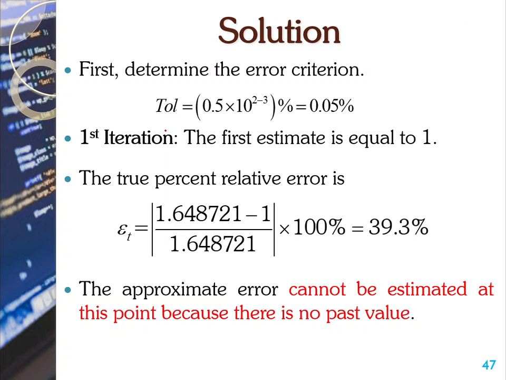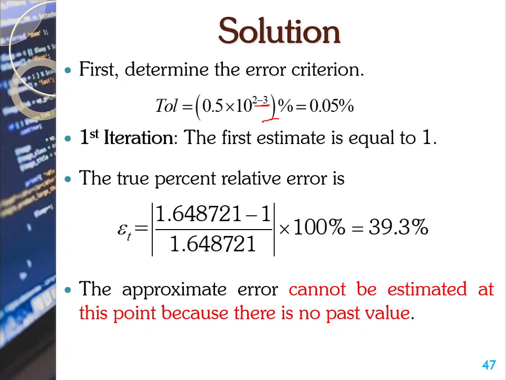Before we estimate our error, first we have to know when to stop, and when to stop is determined by the tolerance. So let's estimate the tolerance as we see here. Our tolerance will be equal to 0.5 times 10 raised to the power 2 minus n, and remember that our n here was equal to 3, so we have 2 minus 3, all times the percentage sign.